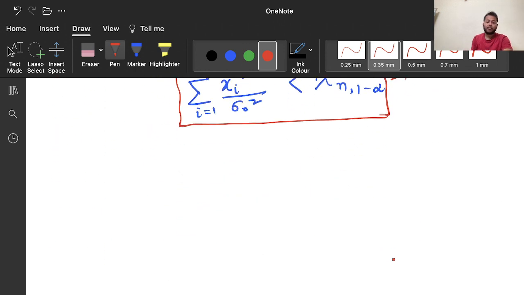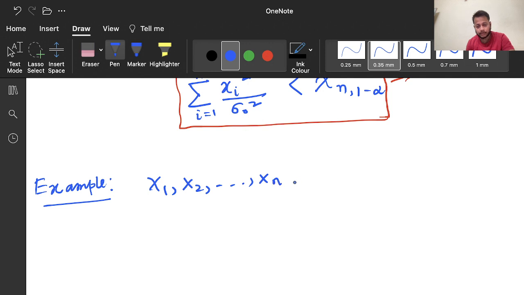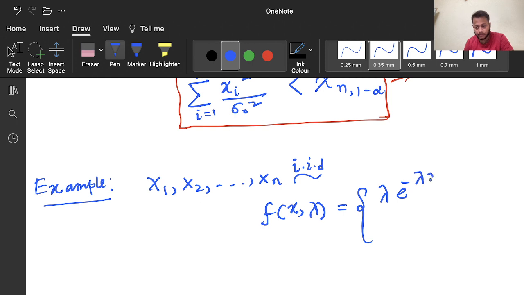We again use an exponential distribution. So another example: suppose our random variables x1, x2, ..., xn are independent and identically distributed, following a probability density function equal to lambda e to the power minus lambda x, where x greater than 0 and lambda greater than 0, and 0 otherwise.